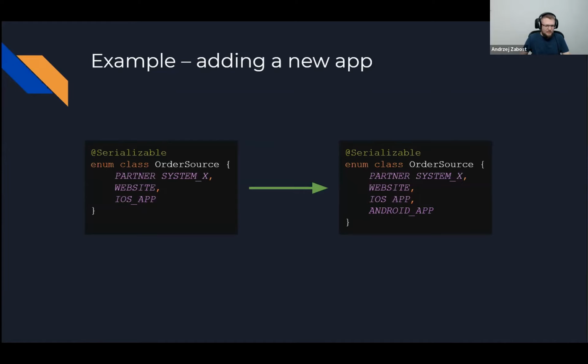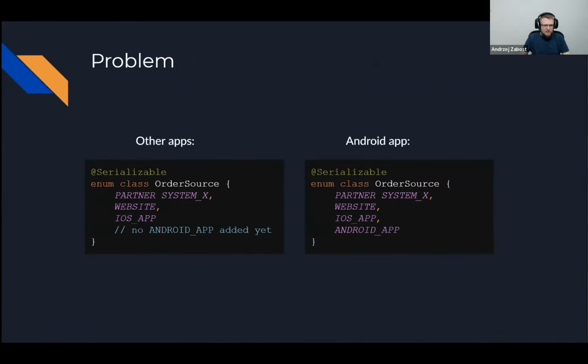And here is the problem. That enum class should actually be updated in the code base of each application in our system. However, it's not necessarily that easy. As I previously mentioned, those apps are maintained separately, and they have their own release cycles. Sometimes also the users don't update very frequently.